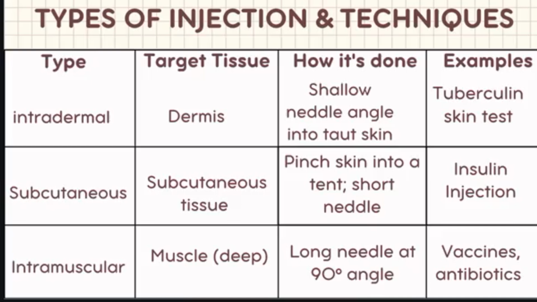The third is intramuscular injection. The target tissue is the deep muscle tissue, and to perform, a long needle is inserted at a 90-degree angle. Example, it is used for administering vaccines and antibiotics.